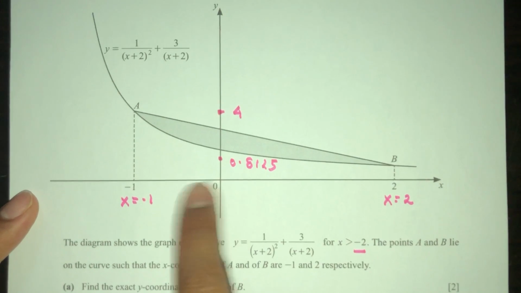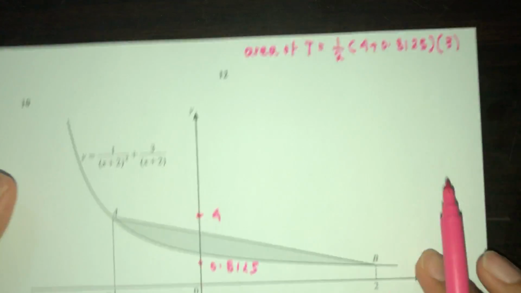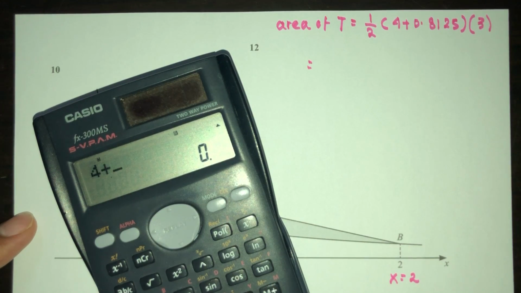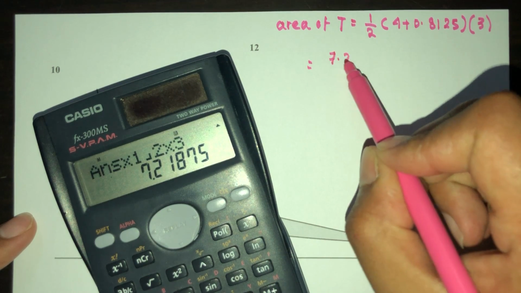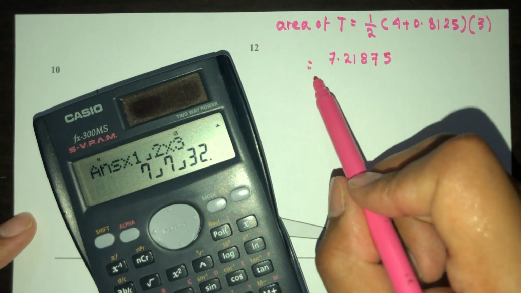This is 2, this is 1. If you add those two, that will become 3. Right? That makes sense. So the area of the whole thing will be 4 plus 0.8125 times half times 3. That will be 7.21875.